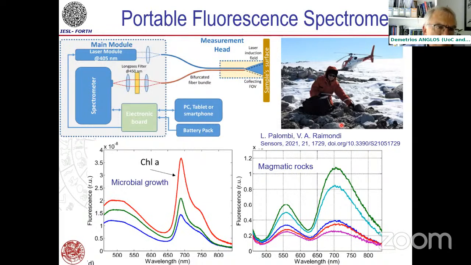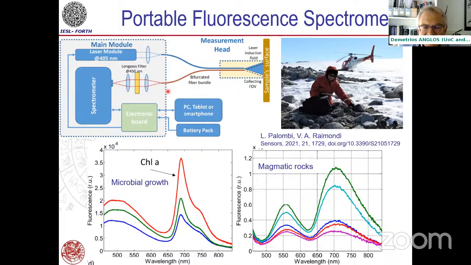So again, the same concept, a blue diode laser is the excitation source. A spectrometer provides us with spectra. Both the laser excitation light and the emitted light are transmitted through optical fibers.